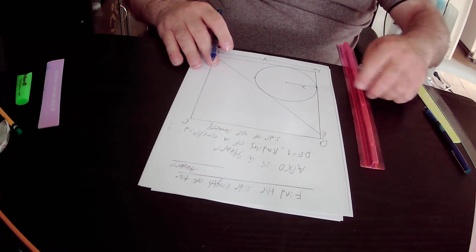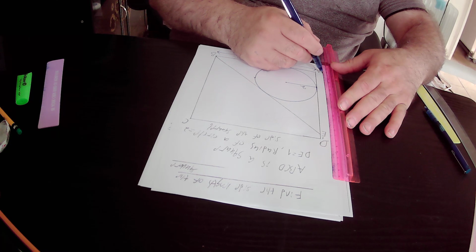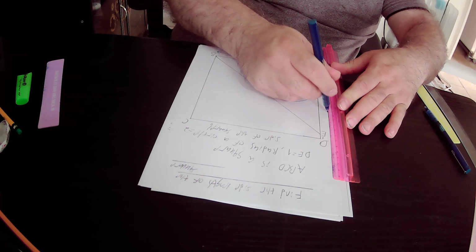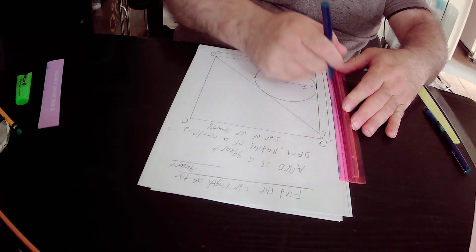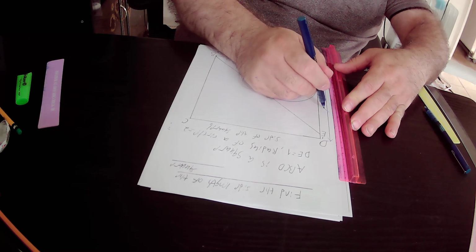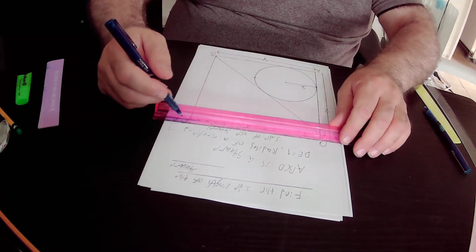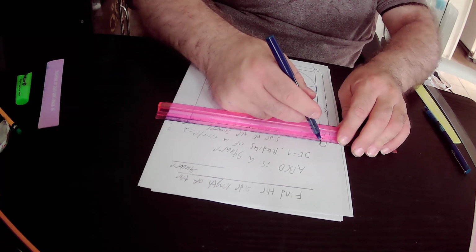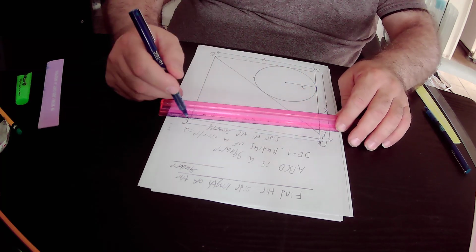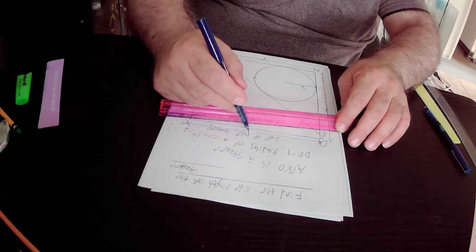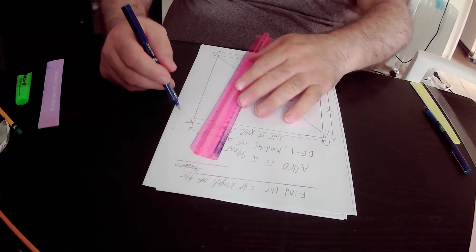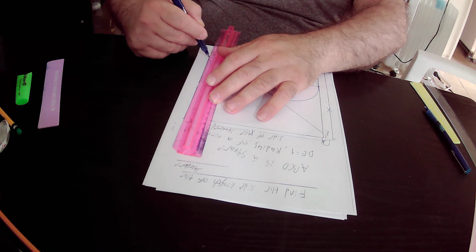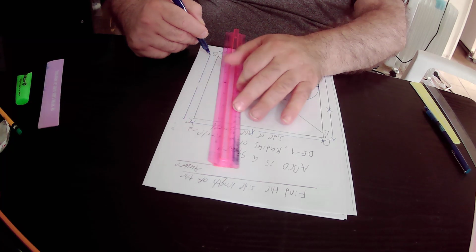AD will also be equal to X. This equals X. And CB will also be equal to X according to our definition. Okay.